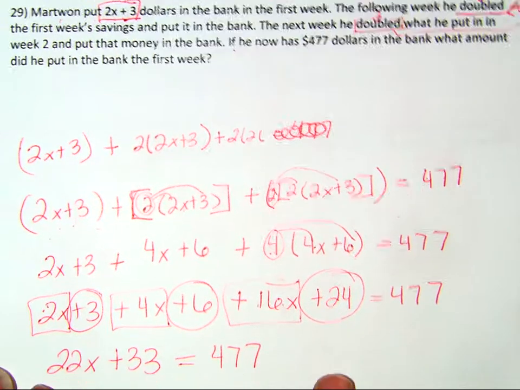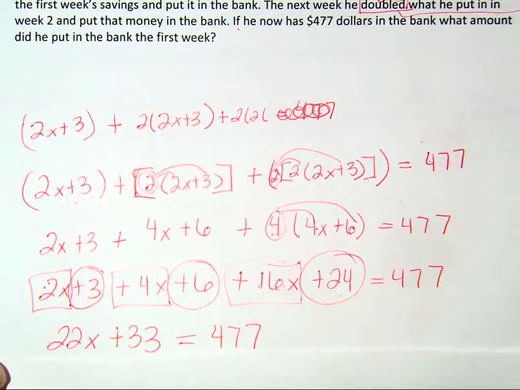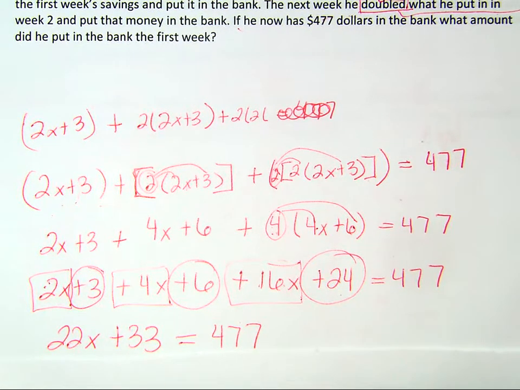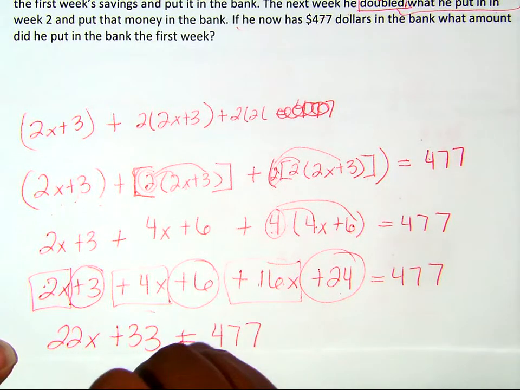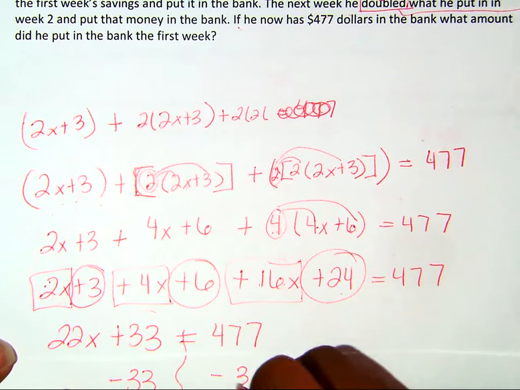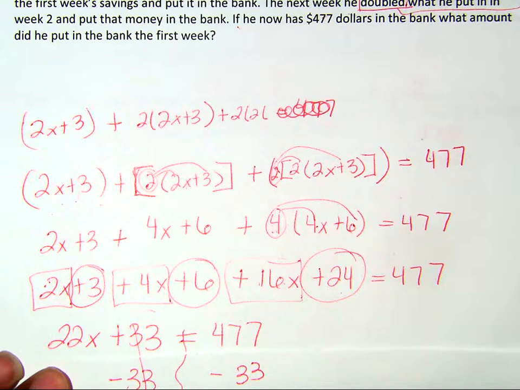Let's keep going. It's time to rewind. I want to move this 33 over here. So the opposite is minus 33. Minus 33. 22x. These cancel. Equals 477 minus 33. That's 444.